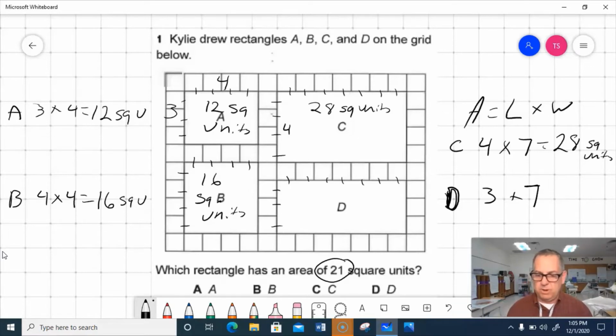If I double 7, I get 14, and if I add 7 more to it, I get 15, 16, 17, 18, 19, 20, 21. So 3 times 7 is 21, and that would be my 21 square units. So rectangle D is the one that equals 21 square units, and I'd circle rectangle D.